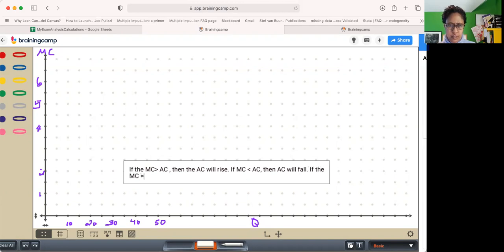If the marginal cost is equal to the average cost, then the average won't change. I want you to think of this as grades in a class. Imagine everybody in the class took a test, and then a class average was calculated.